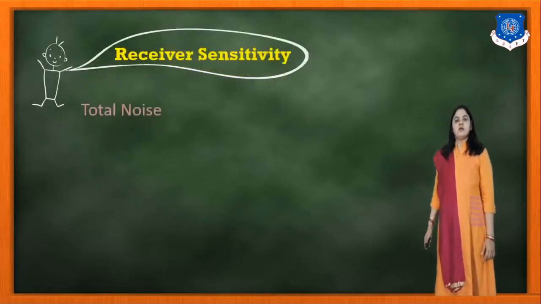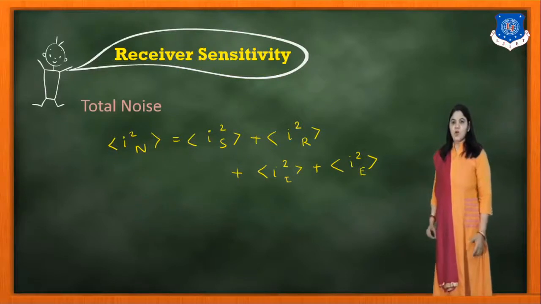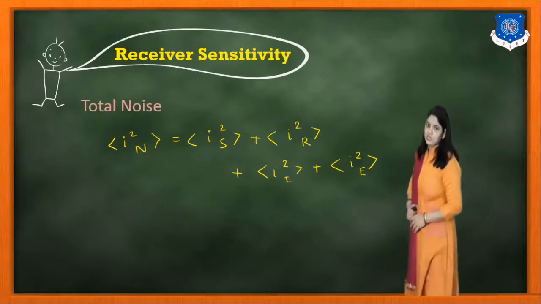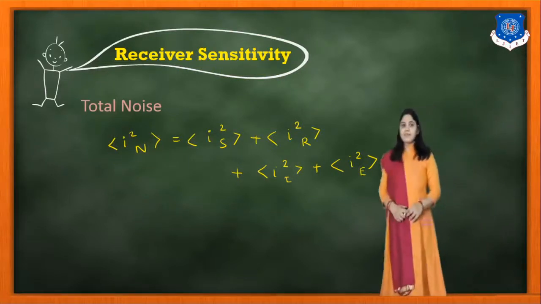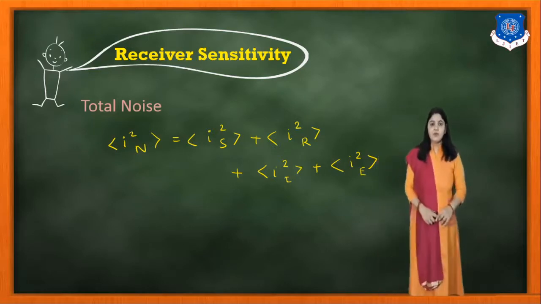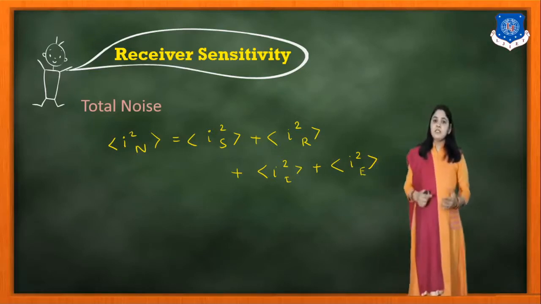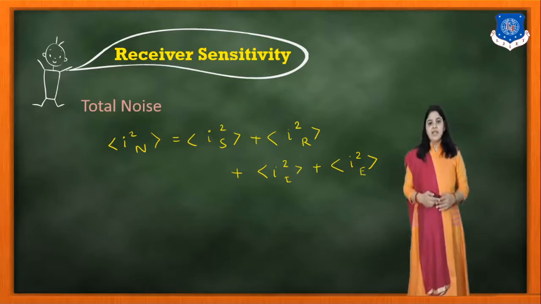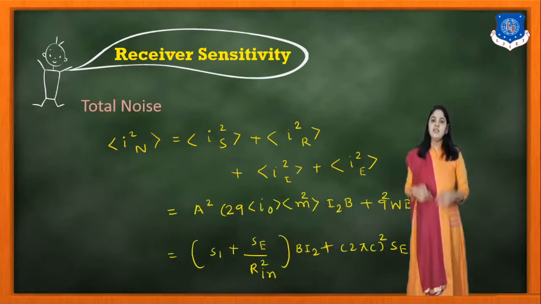Okay, so now the total noise value is what? It's a summation of all noise currents. So IN² is equal to IS² plus IR² plus IT² plus IE².